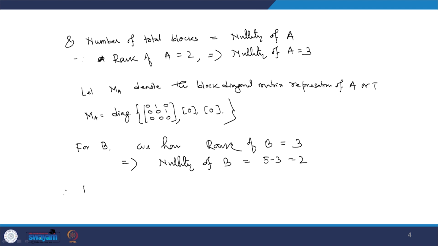If I denote by M_B the corresponding block diagonal representation of B, then one diagonal entry has to be a block of order 3, certainly 0 1 0, 0 0 1, 0 0 0. So, one will be like this and the other one will be of order 2, that is 0 1 0 0. So, this is the block diagonal matrix representation of B.